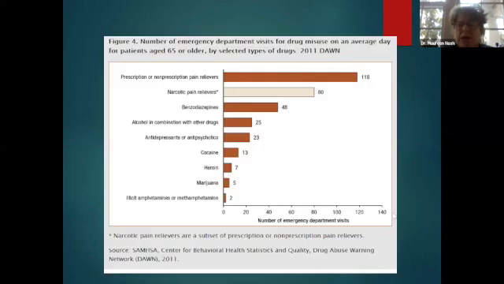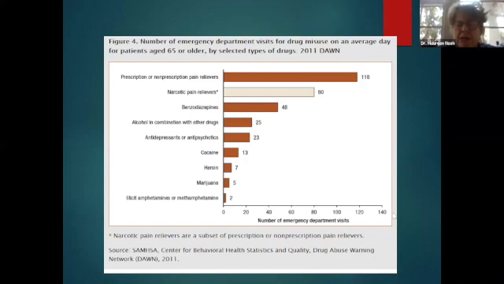And if you want to look at how common these are, this is information for people age 65 and older by selected types of drugs. The percentages haven't really changed very much. There may be a slightly larger use of amphetamines and methamphetamines than there was back in 2011, but overall, these are pretty accurate.